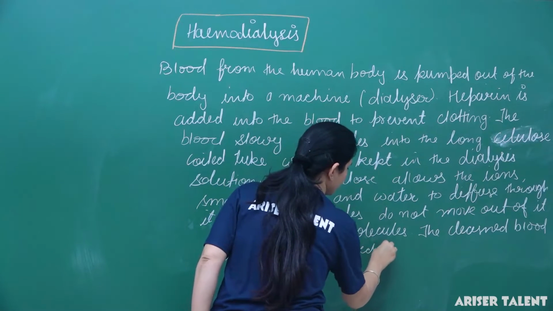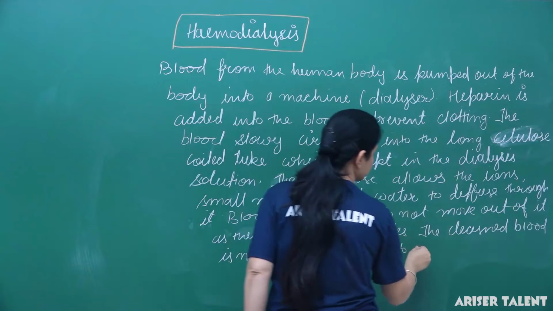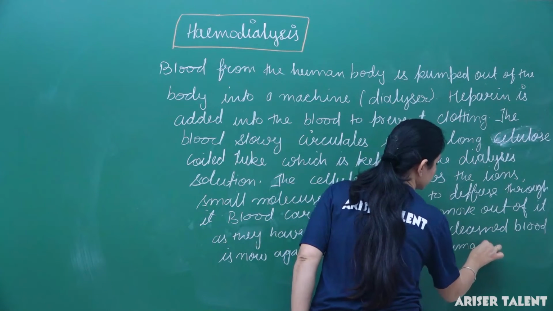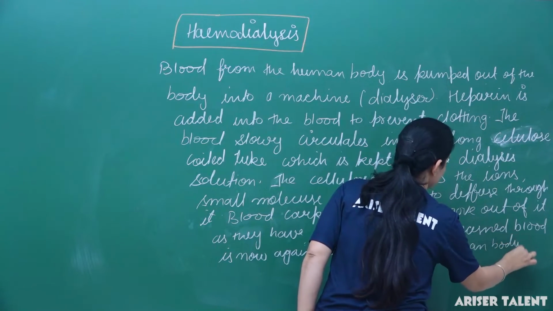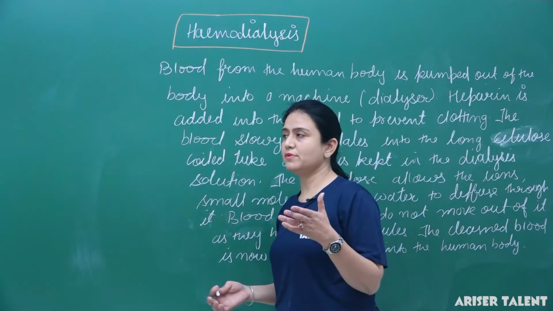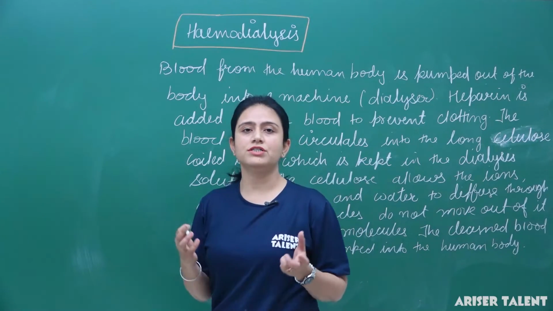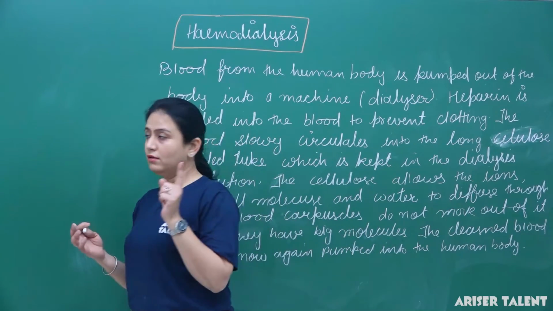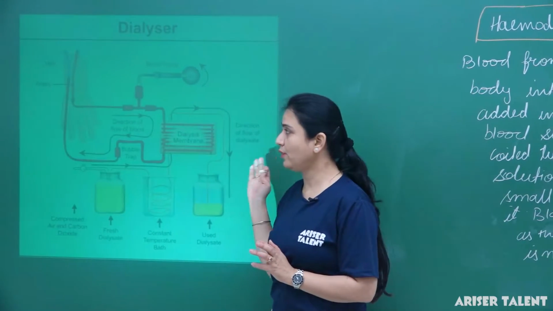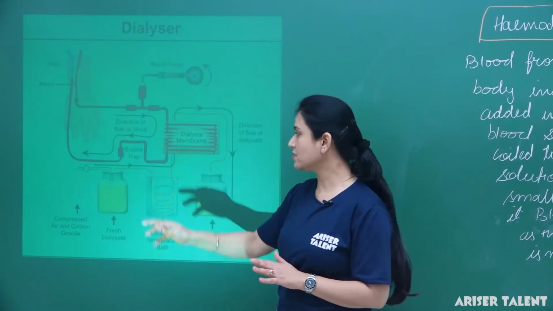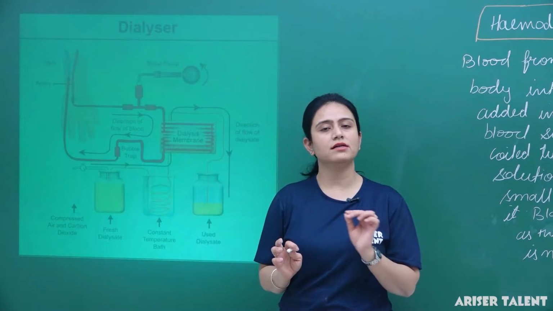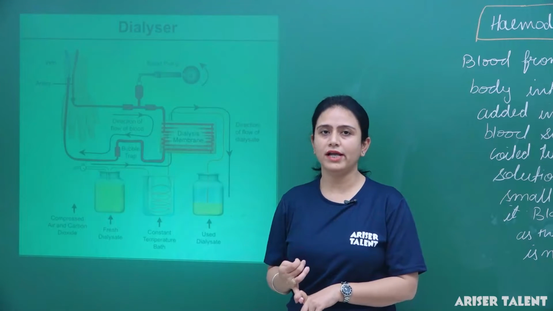So this is the complete mechanism of hemodialysis. Hemodialysis means an artificial machine is used to clean the blood, that is, to get rid of nitrogenous waste from the blood. So this is the complete mechanism of dialysis, or we can say of hemodialysis.